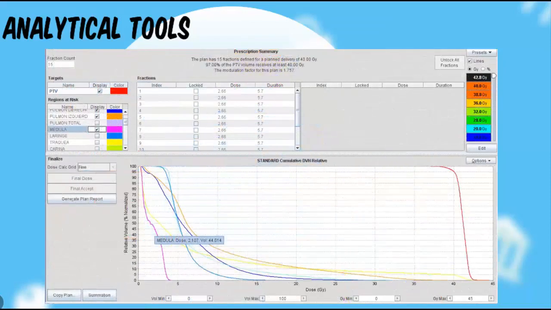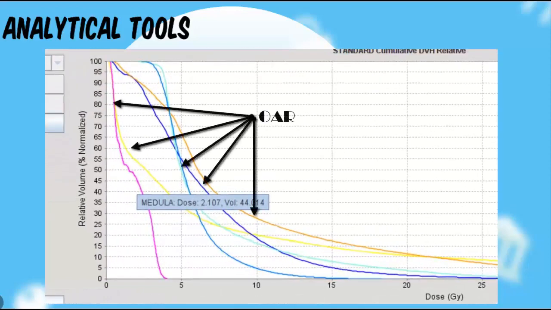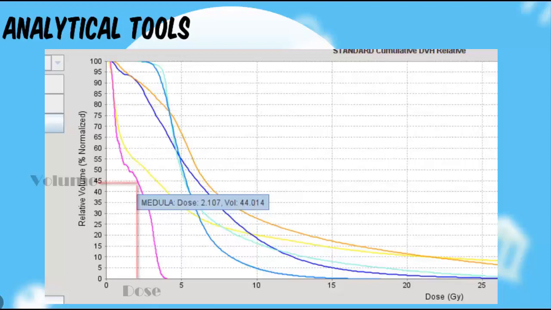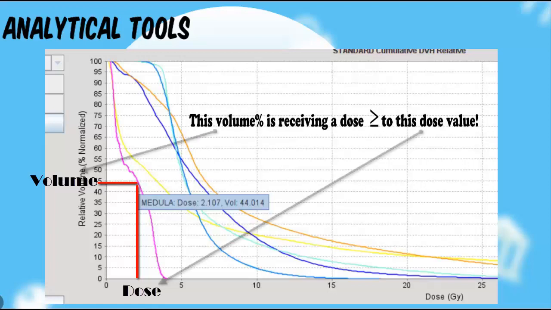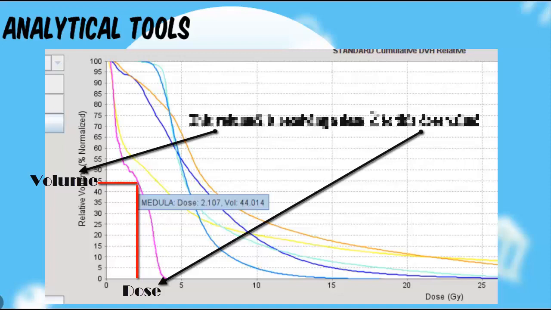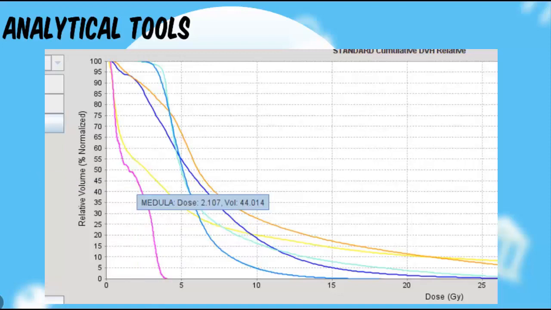Another important tool we use is the reference volume, in which, with the help of the curve of our regions of interest that we have in our DVH, we know the volume amount that receives a dose equal to or greater than the reference dose marked. To finish off with the analytical tools, let's take a look at some examples.